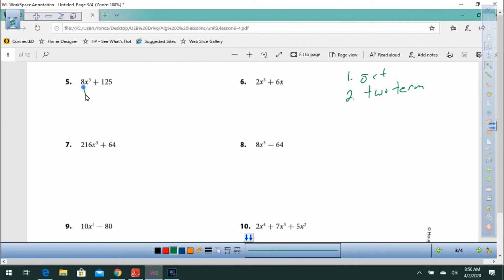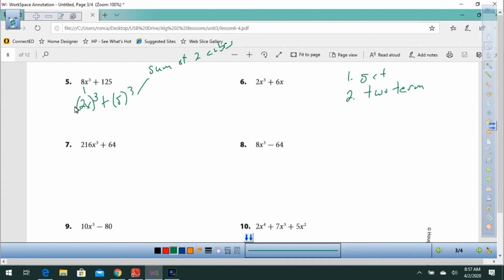Let's take a look. We'll bring this down. 8 is a perfect cube of 2, plus, and then again 125 is 5 cubed. Now, this is what we call the sum of 2 cubes.